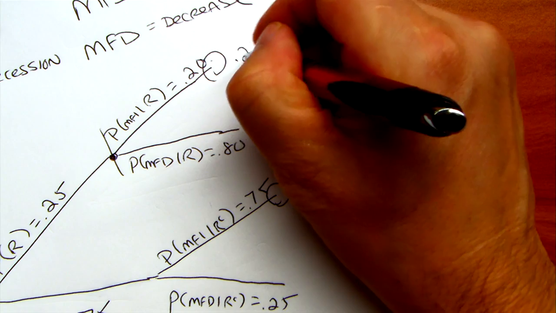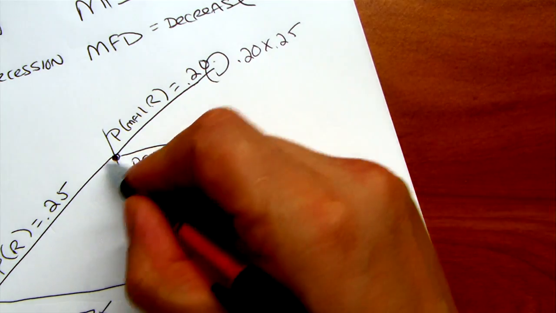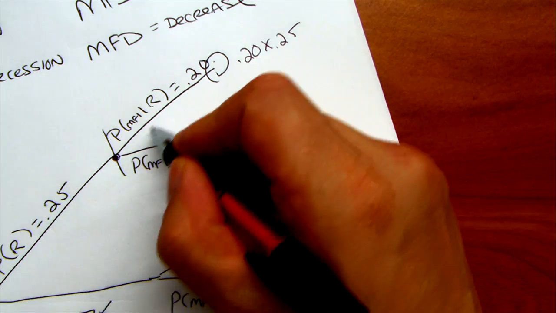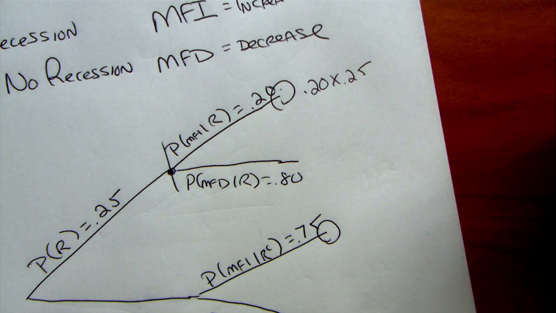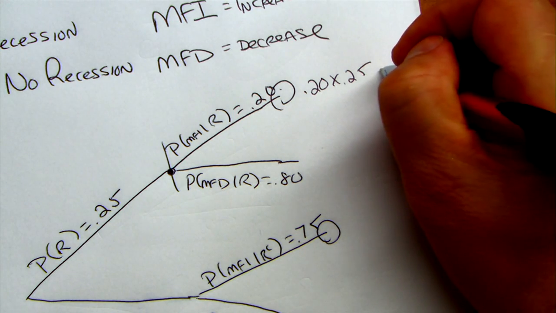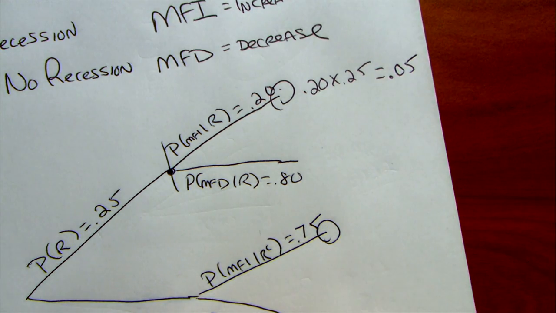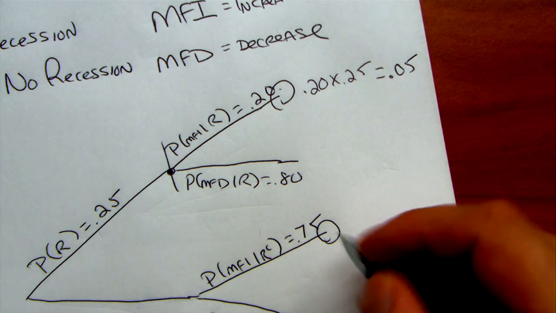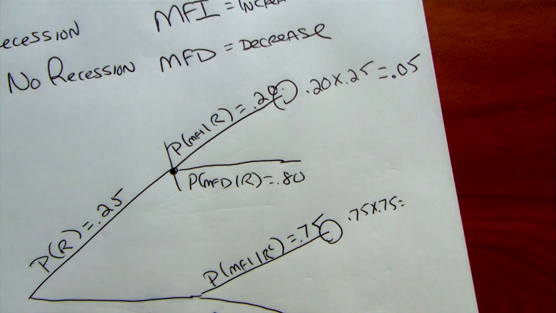To get this probability, I'm going to do 20% times 25%. That's called the multiplication rule to find the probability of R and MFI. I multiply along the path. 20% times 25% gives me 0.05. Probability of no recession, but still an increase. 75% times 75%.